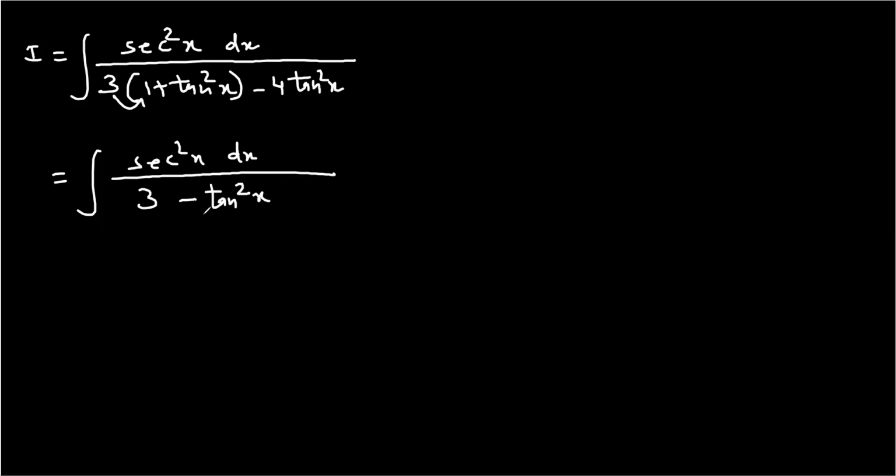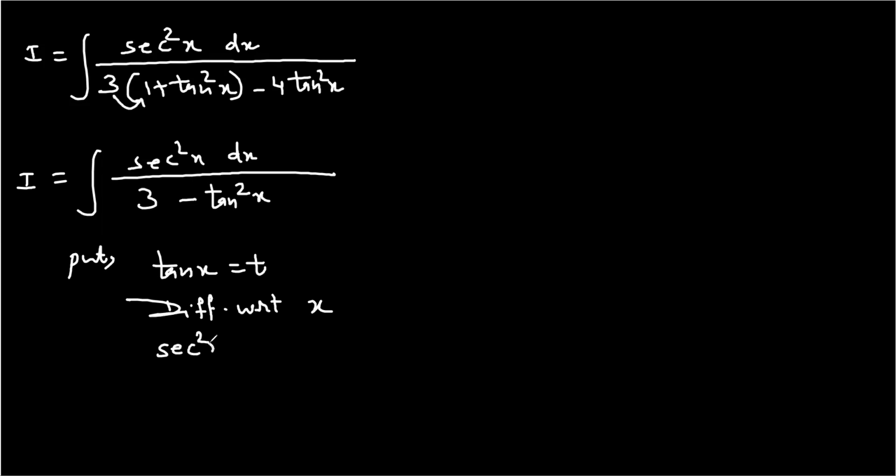Okay. So now after this, I will put tan x equals to t. Differentiating with respect to x, we will get sec square x equals to dt by dx. That dx I multiply here, it will become sec square x dx as dt.